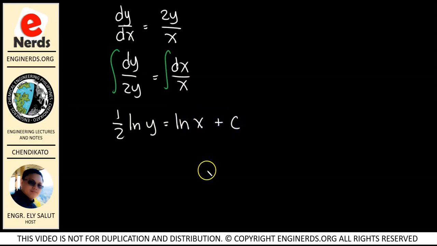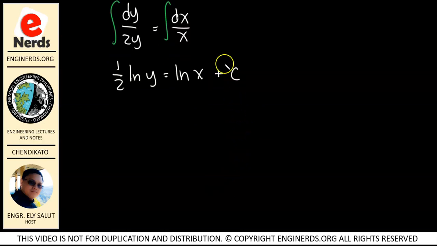Well, of course, pwede nyong gawin yung katulad ng ginawa natin sa first problem natin, ano? So, we wrote our c as ln x, you know? But, I'm going to show you a different approach, and it's okay kahit gumamit ka rin dito ng ln, that will not be a problem because this is just an arbitrary constant, ano?